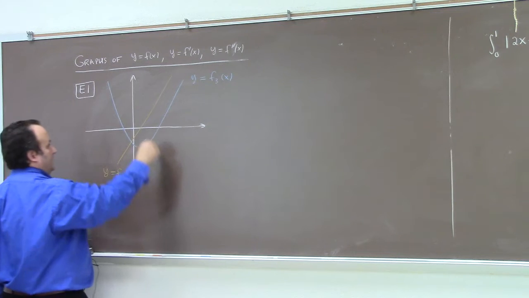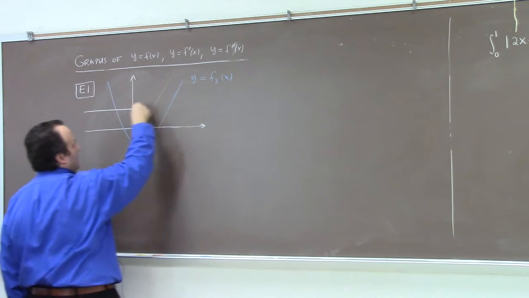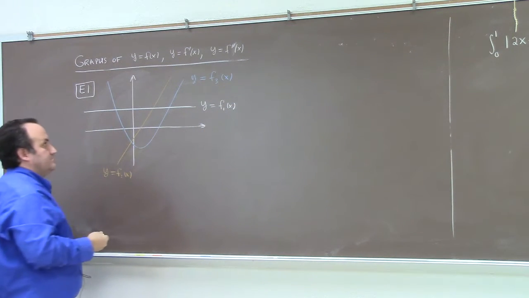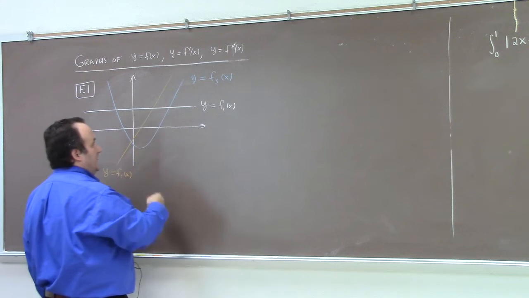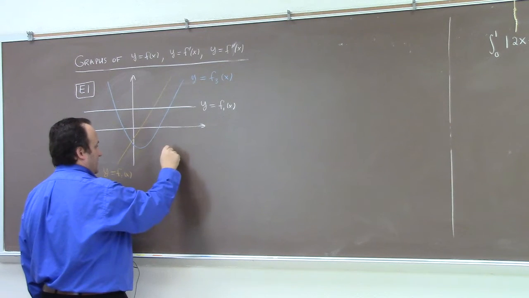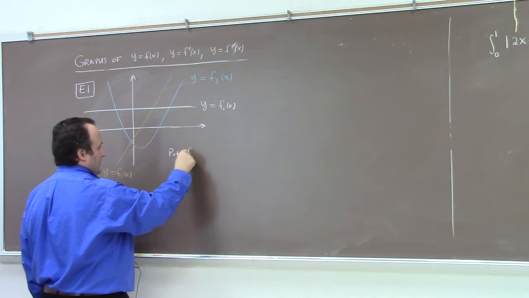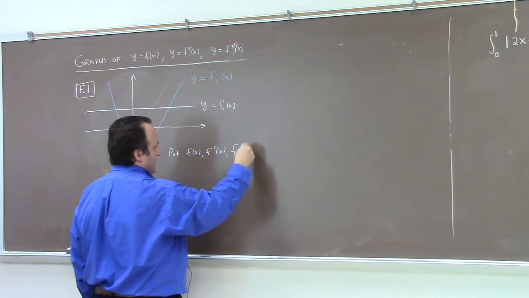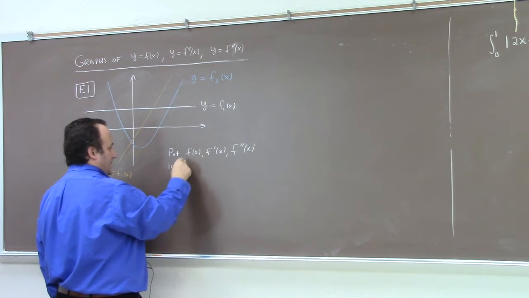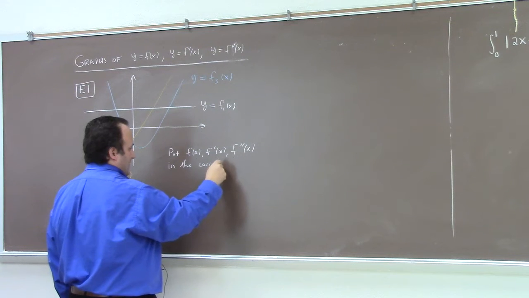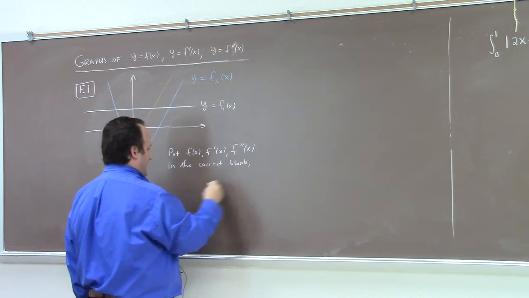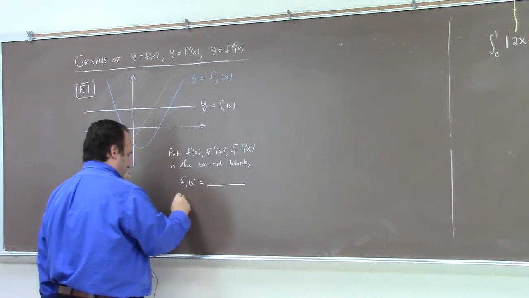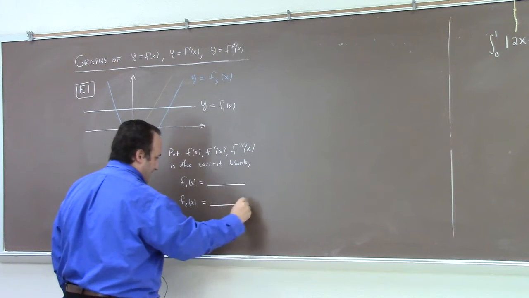And then I'll do f1 rather. So let me put, so you put f of x, f prime of x, and f prime prime of x in the correct blank. So here we go. f1 of x, f2 of x, f3 of x.